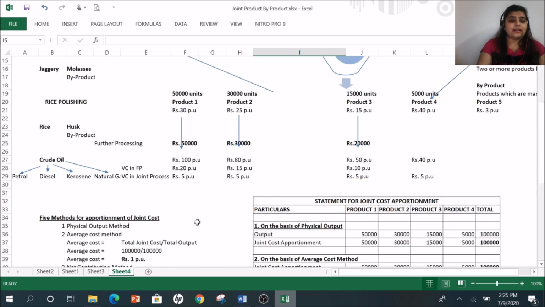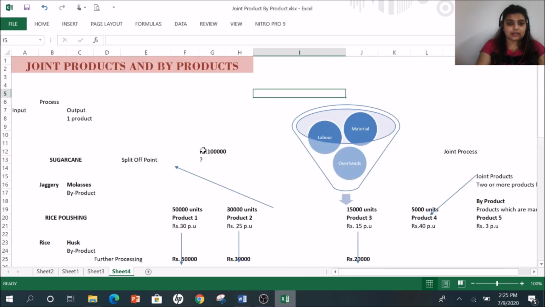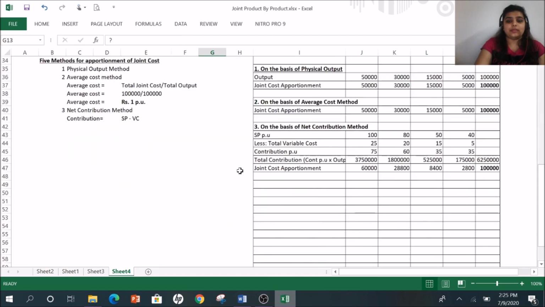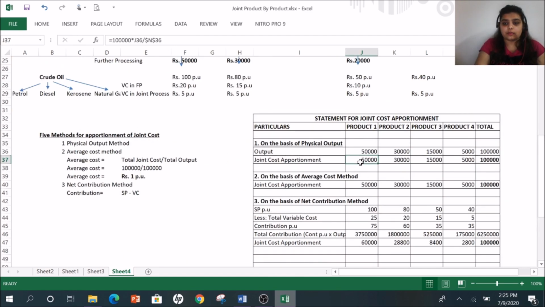You might get confused, so for a better solution, let us take this cost as rupees 10 lakhs. So I am dividing all this by 10 lakhs, giving us a total of 10 lakhs.